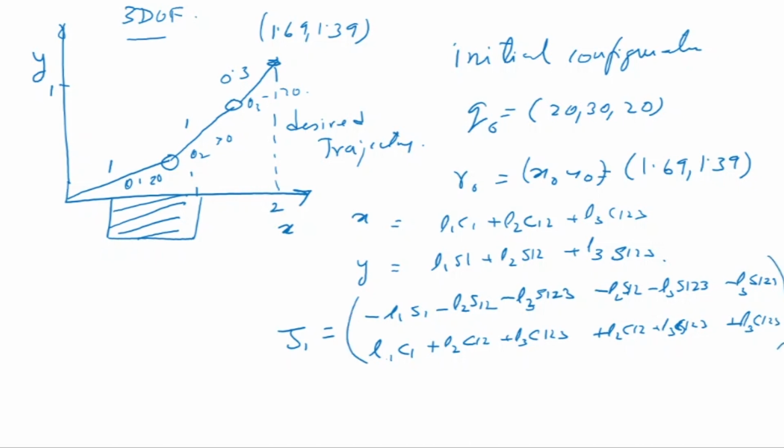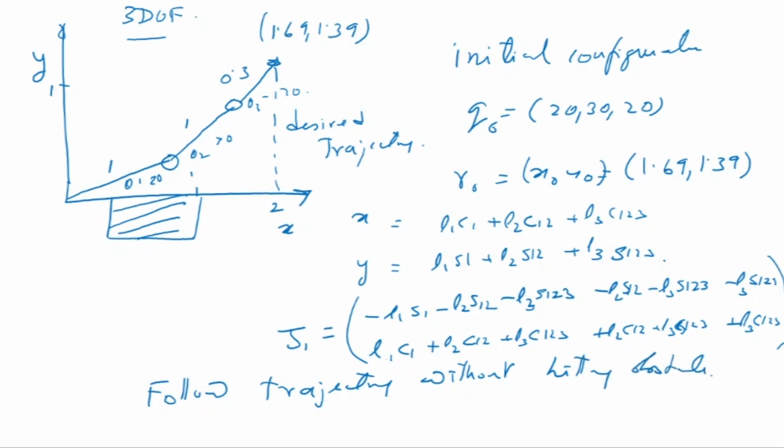Now what we want is that it should follow this trajectory without hitting the obstacle. I need to follow the trajectory without hitting the obstacle.